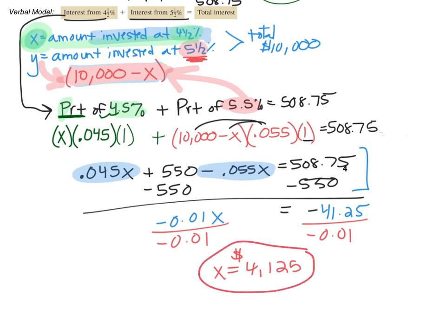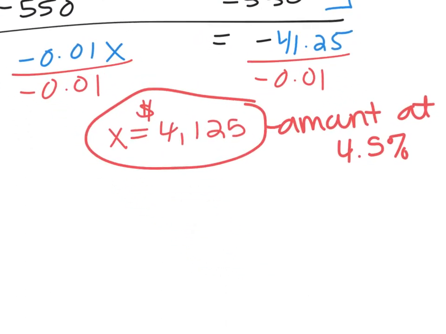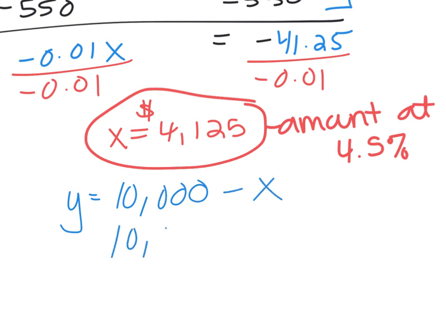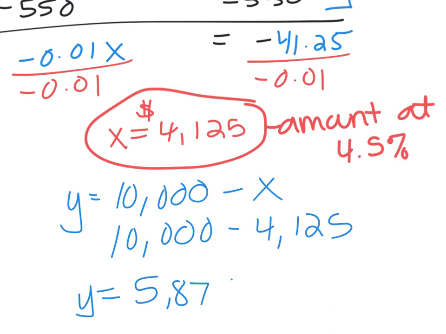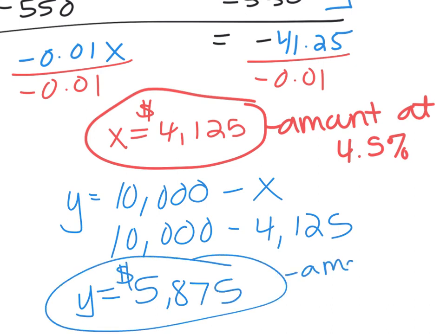So this is our amount at 4.5%. Then to find our other value, our y value, we said that y was going to be 10,000 minus whatever x is. So that would be 10,000 minus 4,125. So our y value here would be $5,875, and that is our amount at 5.5%.